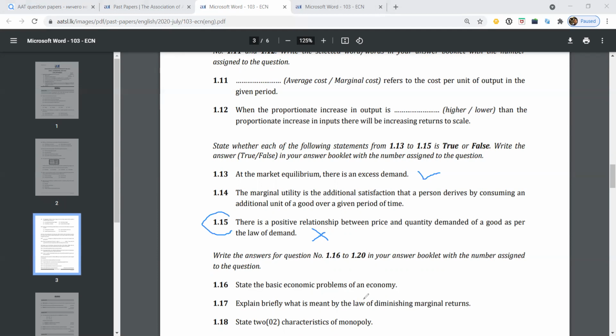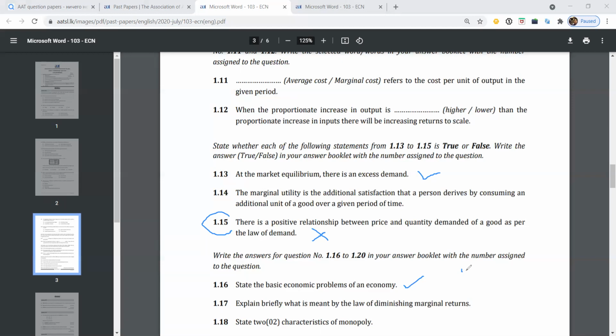Next we have to write short answers here. First question: state basic economic problems of an economy. There are three problems. What to produce, how to produce, and for whom to produce. Write down these three questions: what to produce, how to produce, for whom to produce.